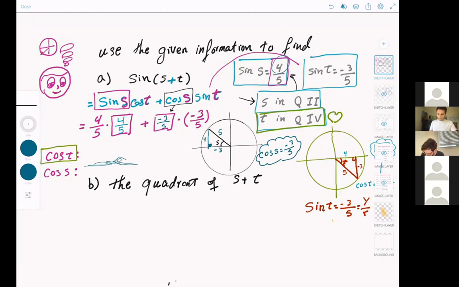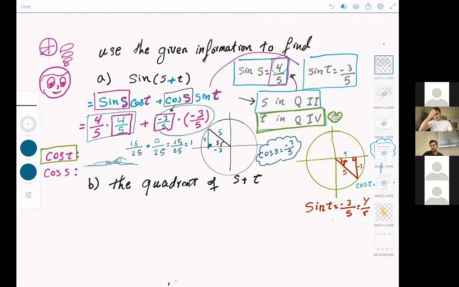Nice, fun, like streaming. You can just do a little algebra and be done. So this part, if you multiply, you get 16 over 25, plus, if you multiply this side, you get 9 over 25. If you add them, you get 25 over 25, equal to 1. So this should be on your note sheet.